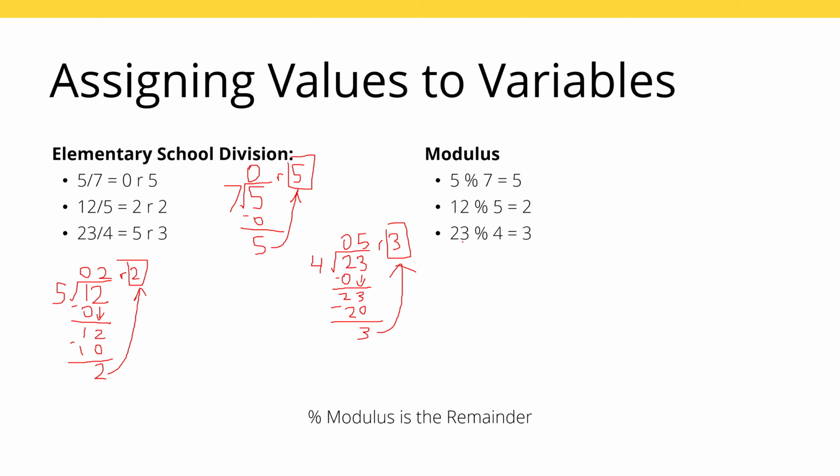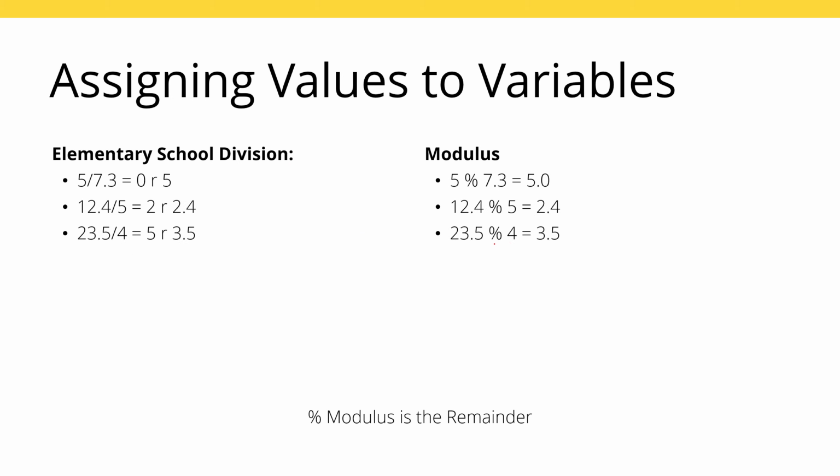So what is 23 mod 4? Well, that's the remainder when I do 23 divided by 4. And that is 3. Okay. Now on this slide, I'm just showing you that this can also work with decimal values. But again, for APCSA, I'm 95% sure you will probably not have to do any calculation modding decimal values.